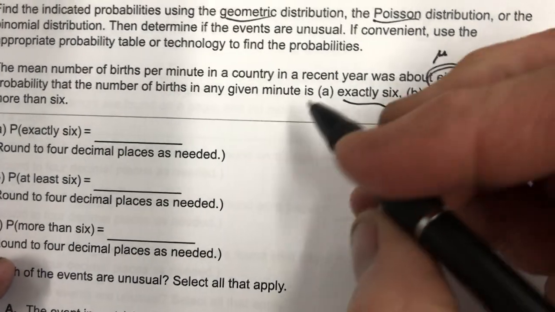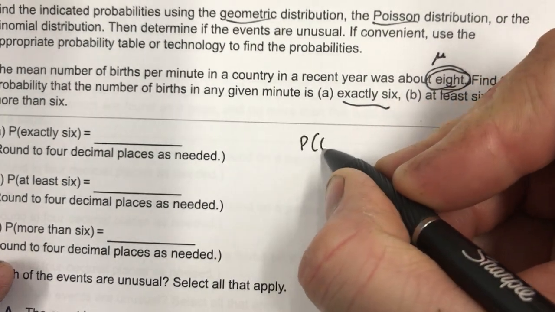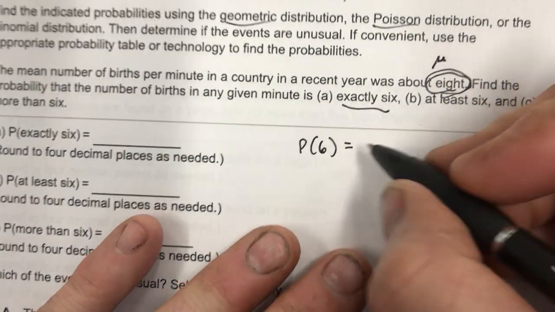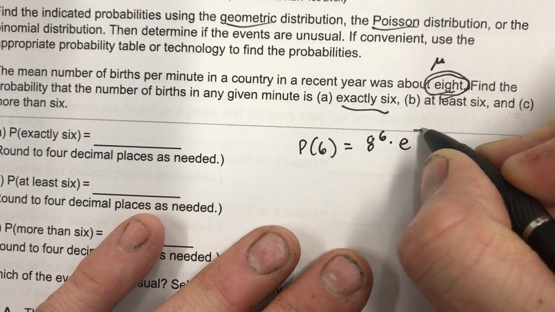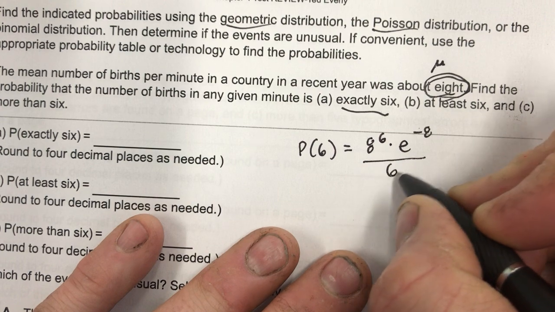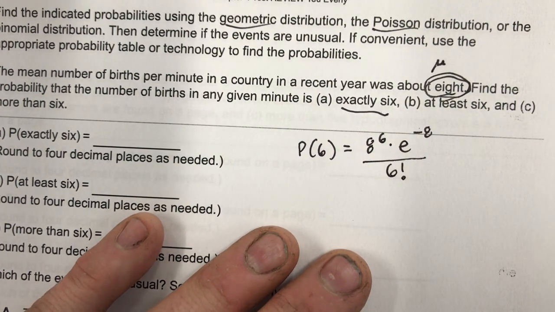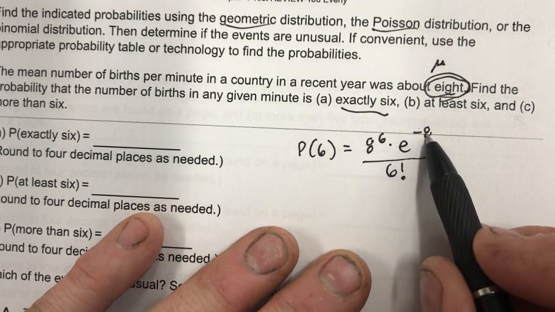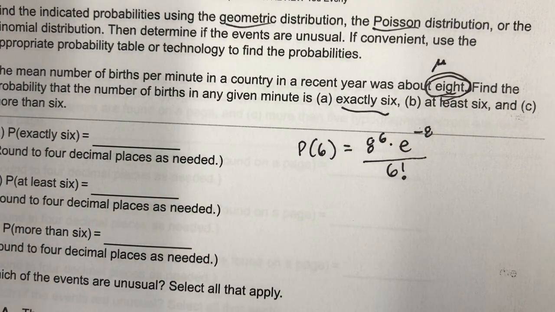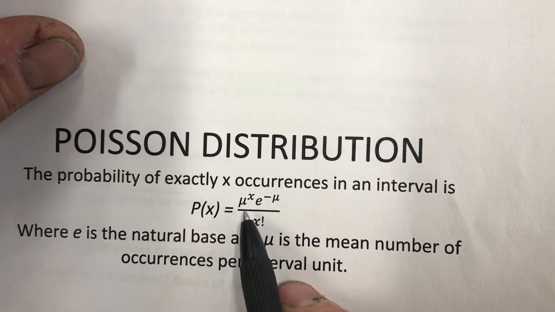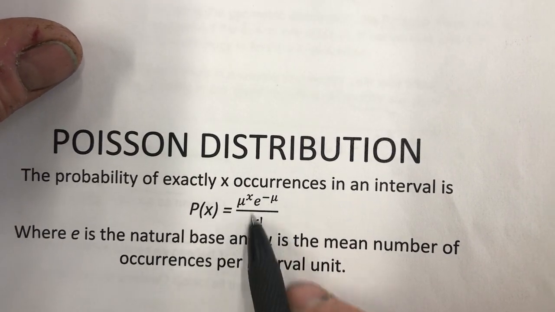So this is going to be the probability that we have 6. It's going to be 8 to the 6th power times e to the negative 8 power divided by 6 factorial. This is my mu. It goes here and here, and then my x goes here and here.